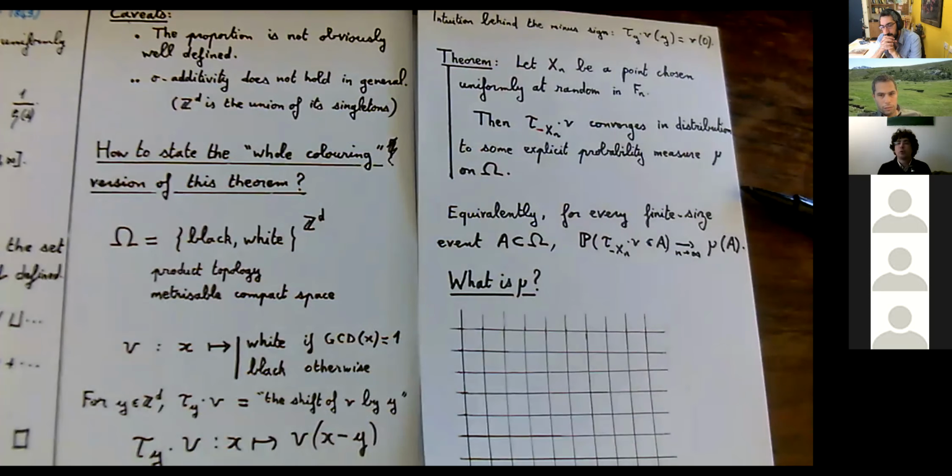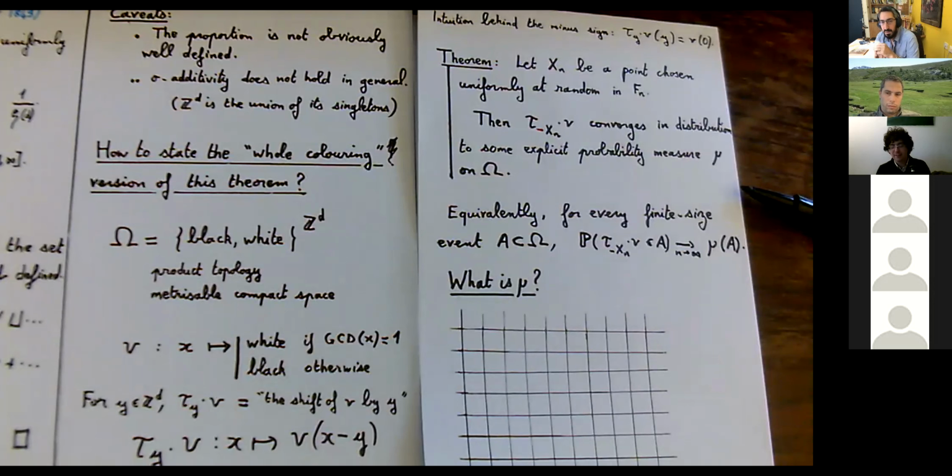So this is the probabilistic way of stating the theorem. For people who would be more inclined into combinatorics, maybe the second statement, which is equivalent, would be nicer. So equivalently, what it means is that there is some explicit probability measure mu on Omega, such that for every finite size event A, the probability that tau_{-x_n} V satisfies it converges when n goes to infinity to the probability of A for the measure mu.